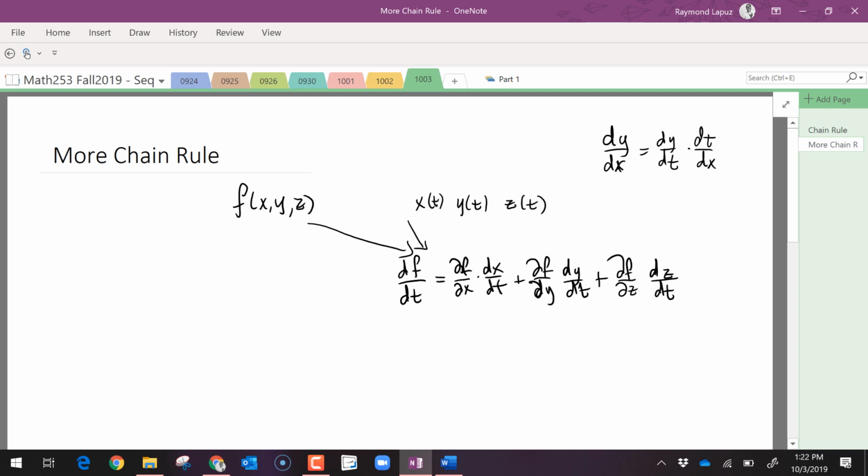Oh, the dt's just cancel, and then that's all you have left, right? That canceling business is not how things work here. As you can see, the partials and the regular d's look different, and the whole canceling out business doesn't work here. In fact, you can just use those subscript notations.